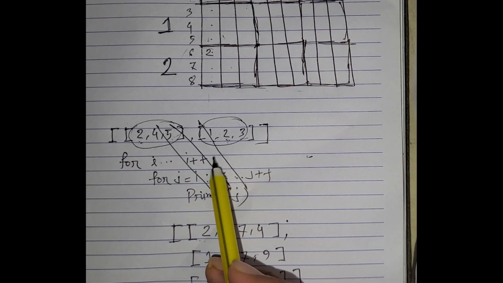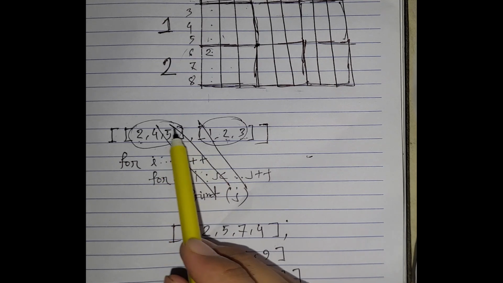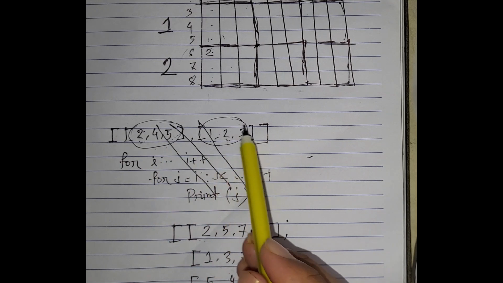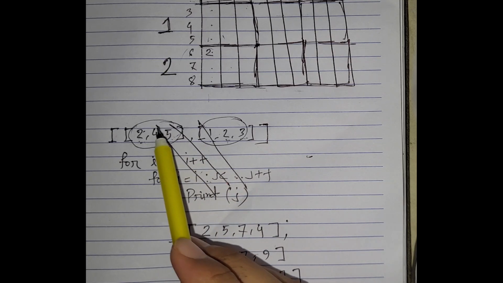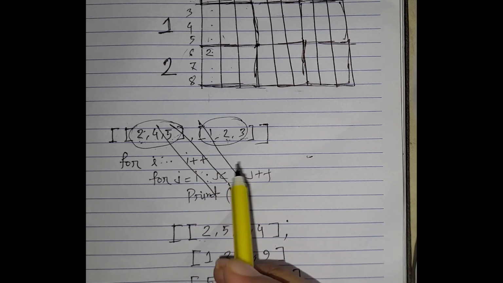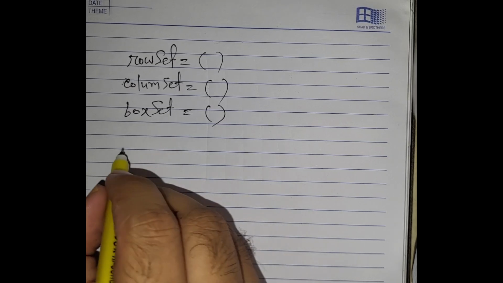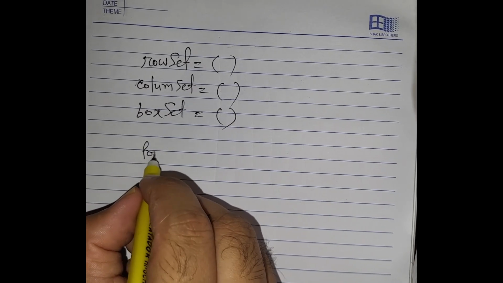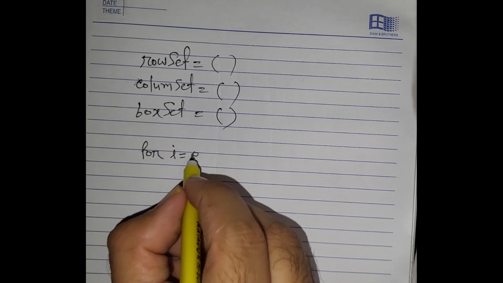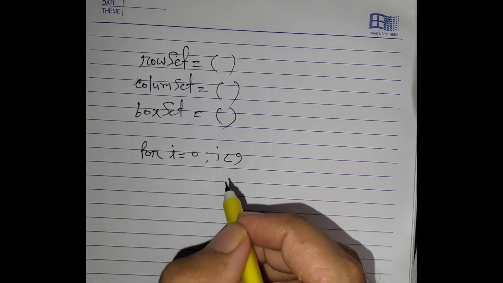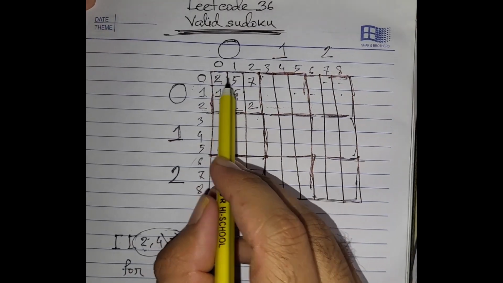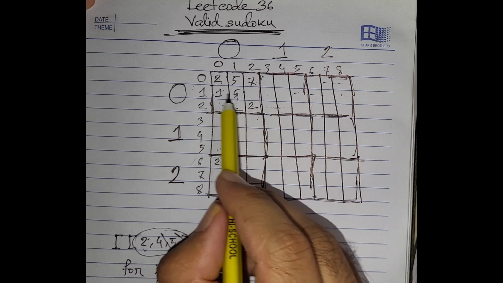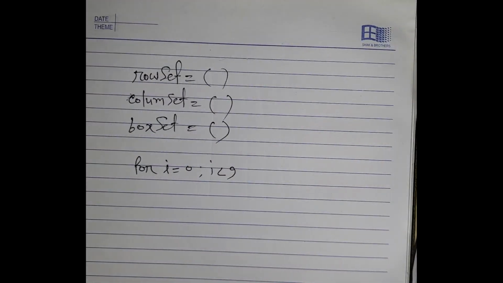I will run a loop, and what will my i give me? I will go through each array, right? And what will j give me? j will go through each item of those arrays. So I will run a loop. For i equal to 0, i less than 9. Why 9? Because each array has 9 items. So it's going to run 9 times.